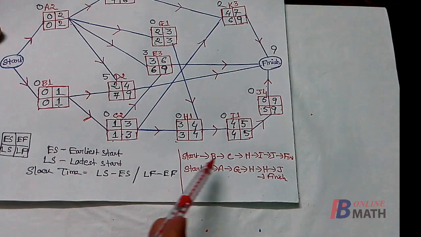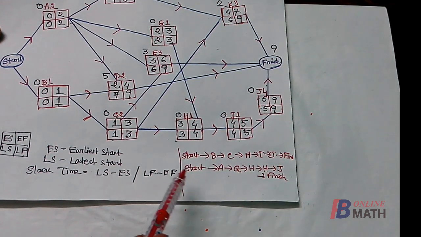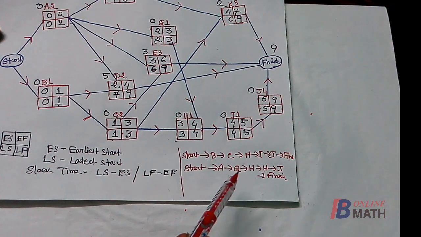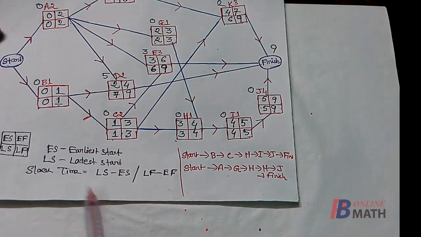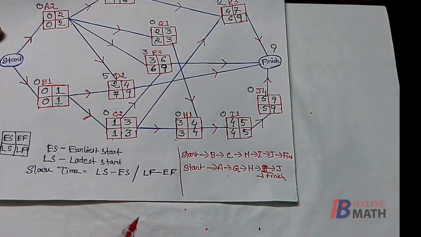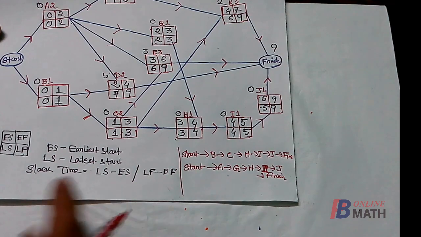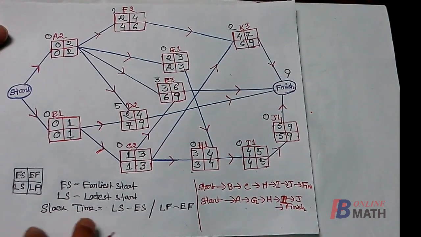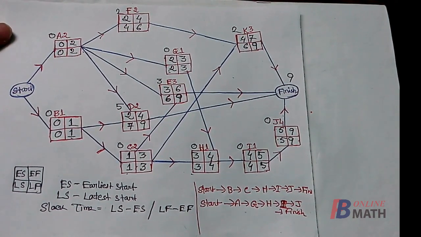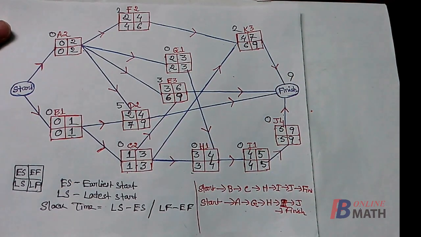One is from start to B to C to H to I to J to finish, and another critical path is from start to A to G to H to I to J to finish. Now what is the minimum time required to complete the activities? So 9 is the minimum time required to complete the project.